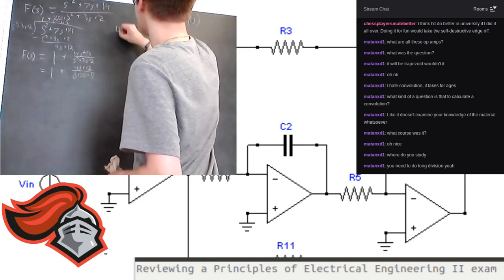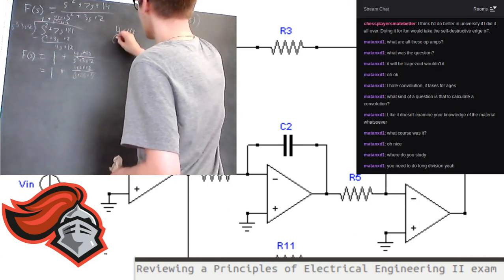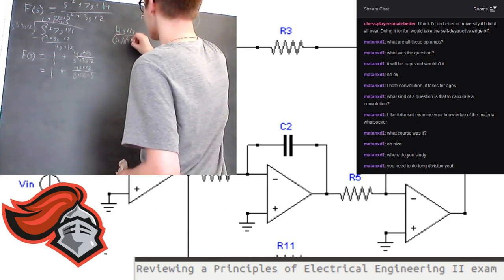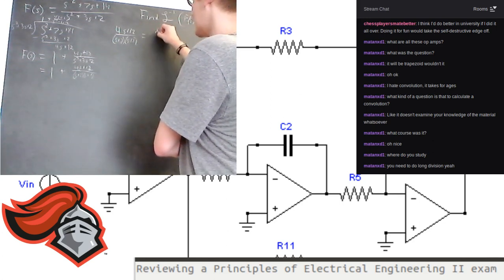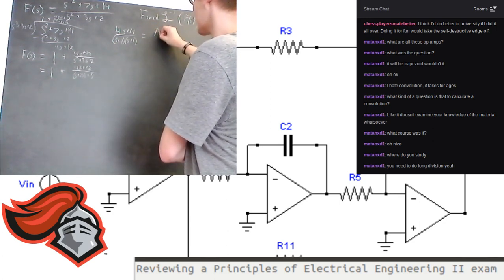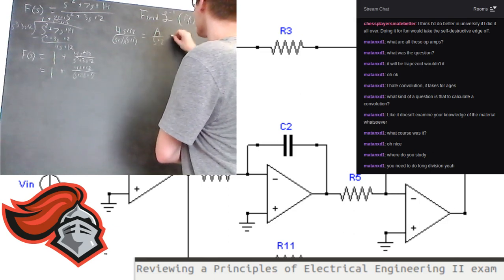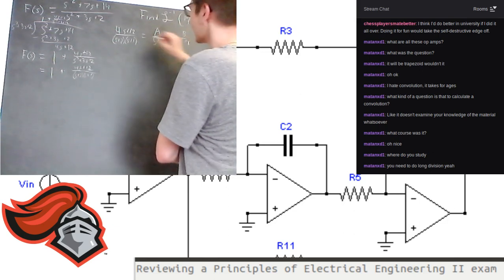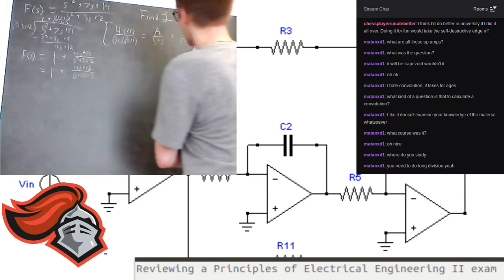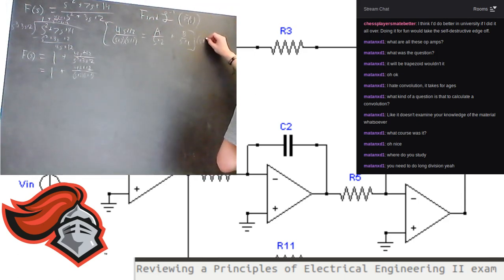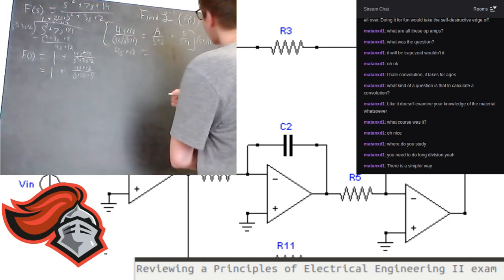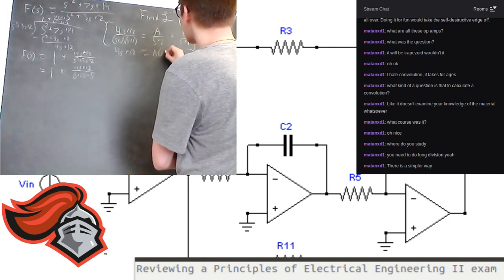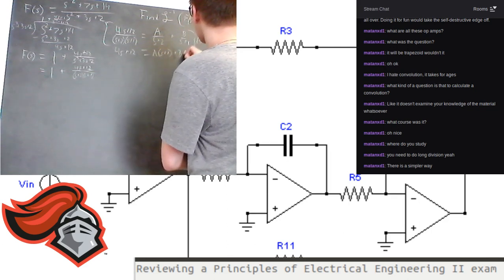Now we have (4s plus 12) over (s plus 2)(s plus 1), and that equals A over s plus 2 plus B over s plus 1. As we've done for the previous problems, we multiply the whole thing by (s plus 2)(s plus 1) to get 4s plus 12 equals A times (s plus 1) plus B times (s plus 2).